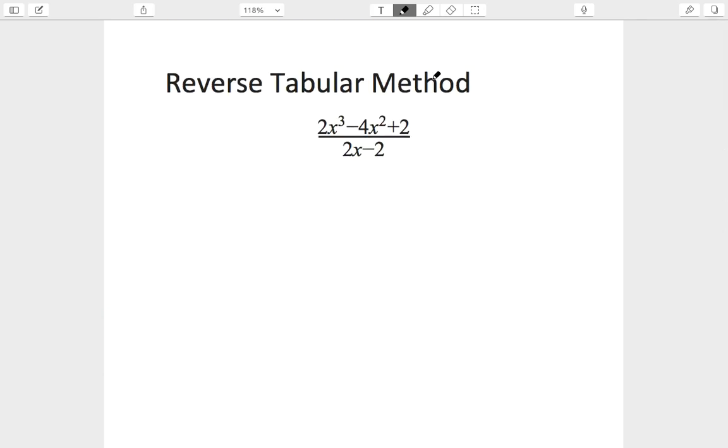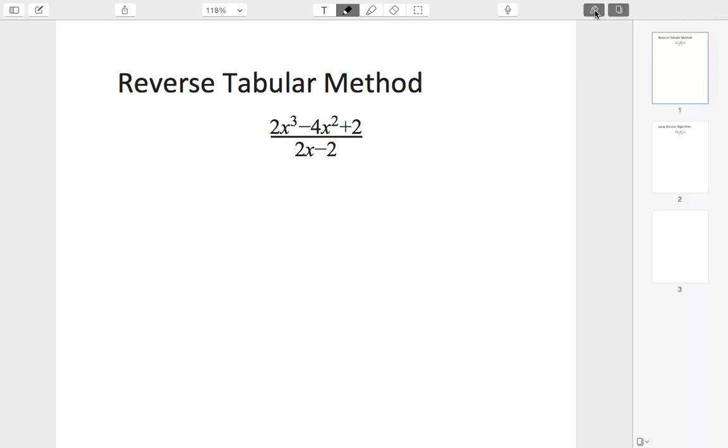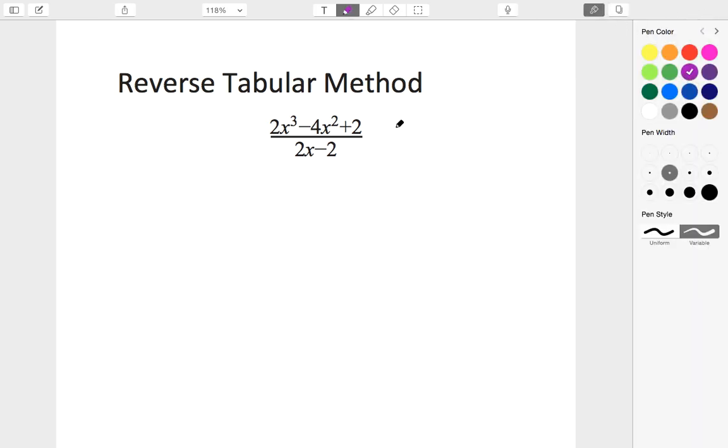All right, so here, recognizing that we want to figure out what the quotient is, right? So we don't know what that is. And with reverse tabular method, we want to follow the same rules of checking what we need first before we go ahead and apply our reverse box method.